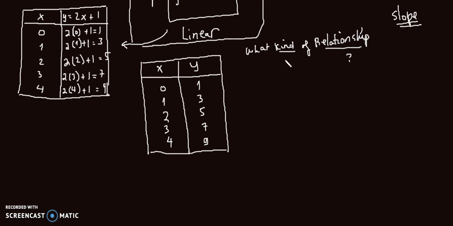So let's say you calculate the slope. You find the difference between the two values in x and in y. So in this case, I have delta x, and I make another column, and this one is delta y.